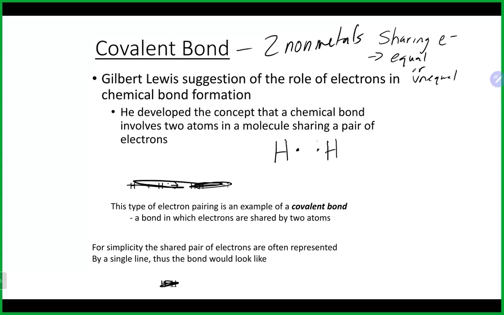So what they're going to agree upon is let's just share those two. And what will happen is they will actually share the electrons between them. So the two electrons between them will count for the hydrogen on the left, and the two electrons there will count for the hydrogen on the right as well. That will ultimately give each hydrogen two electrons.